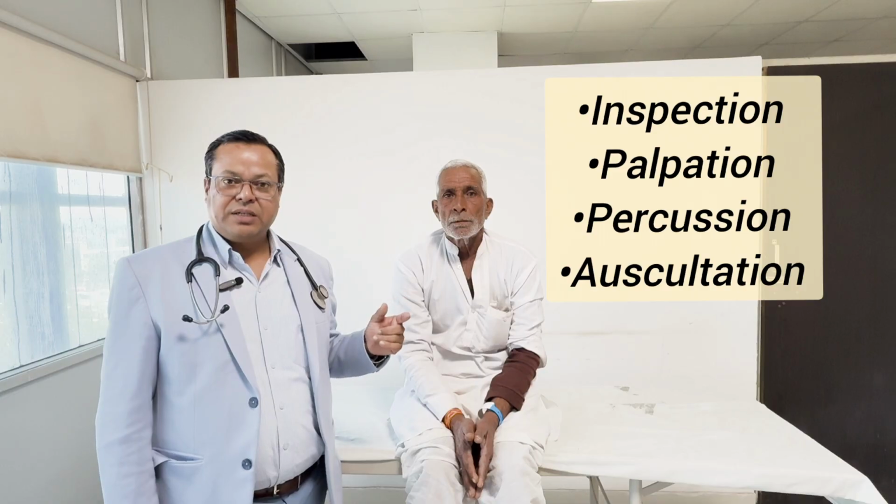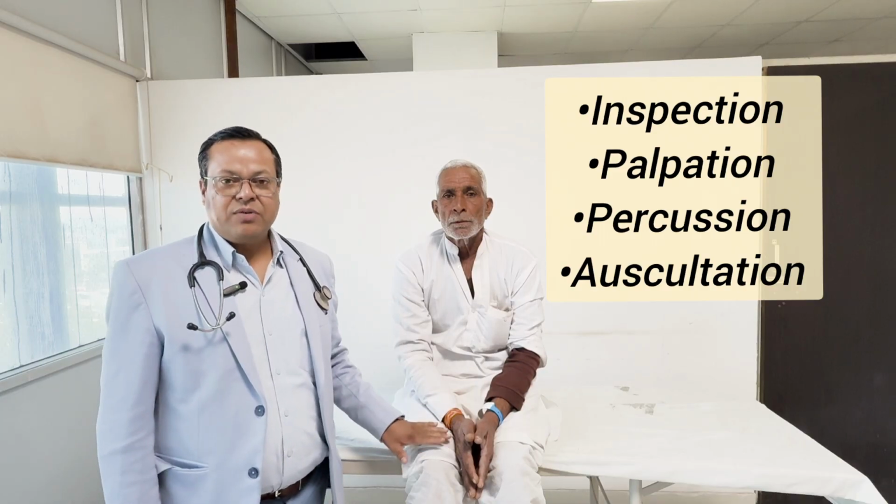We know that each and every system has four parts: inspection, palpation, percussion and auscultation. So we will start with the respiratory system today. After exposing the part we are going to see, we always stand on the right of the patient and look for any abnormality in the shape and size of the chest, whether left or right, downward or outward, any dropping of the shoulder, and any shift in the trachea.